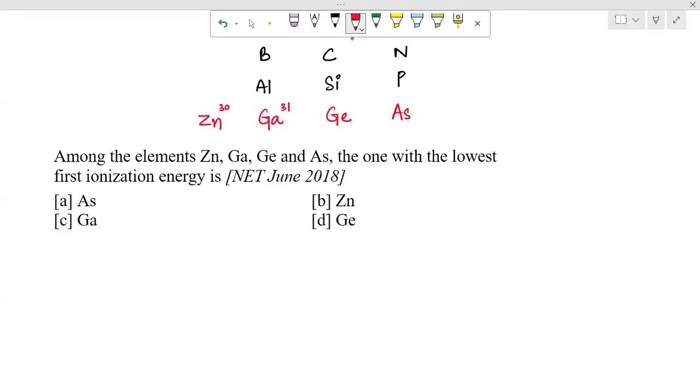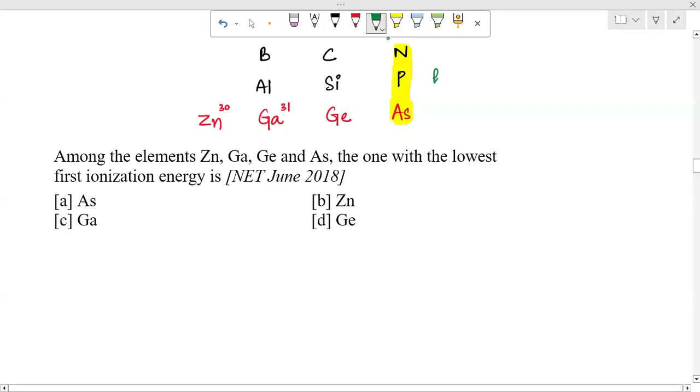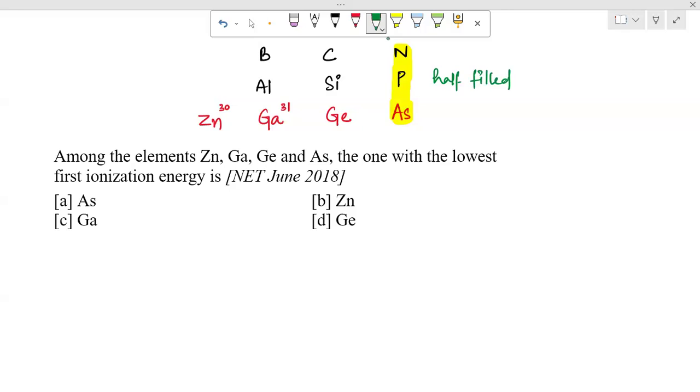So the question is, among the elements gallium, germanium, zinc, and arsenic, the one with the lowest first ionization energy. First of all, understand that the arsenic group species are half-filled, so it is very hard to pull out an electron from that group.